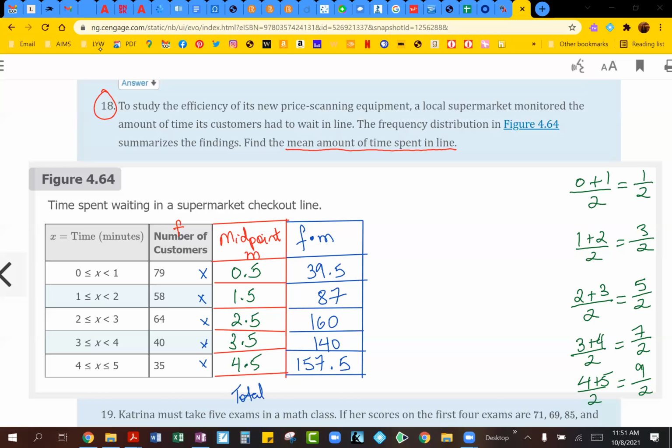So let me see what this total comes out to be, guys, for our F times M column. And while you're at it, we will actually also need the total for our customers column.